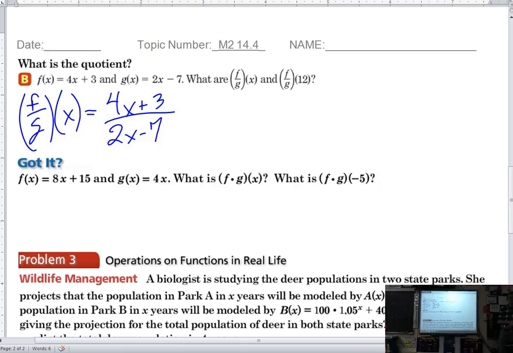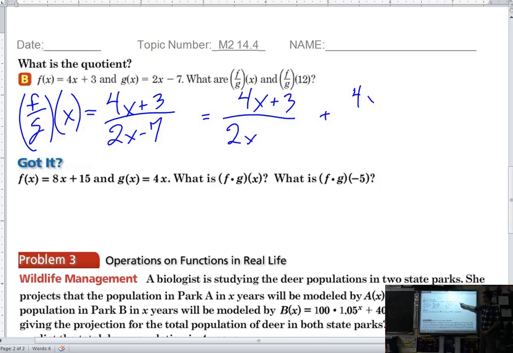So what do you mean by that? When I say FOIL, you put every number over every other number. No. You're saying do this with only the 2x, and then that only with the 3?